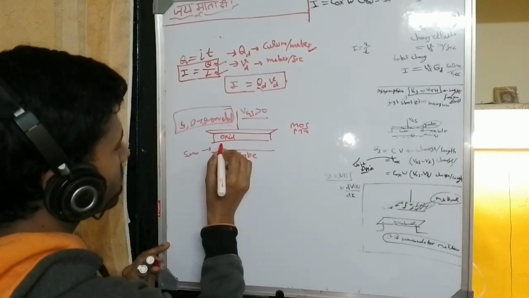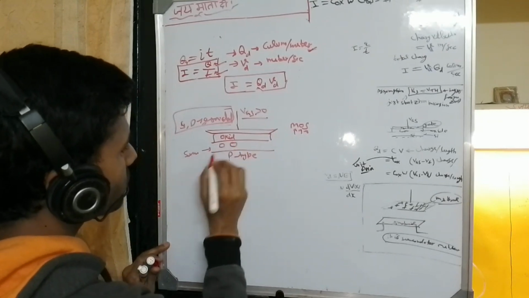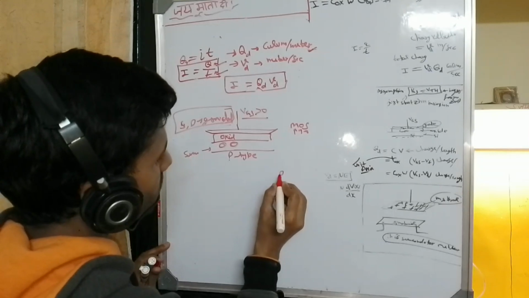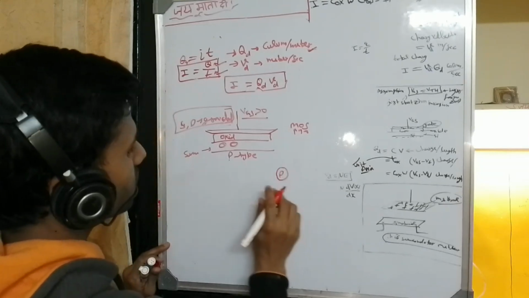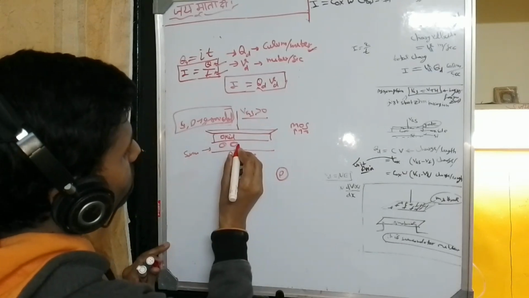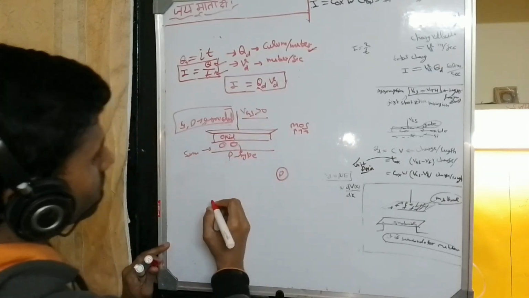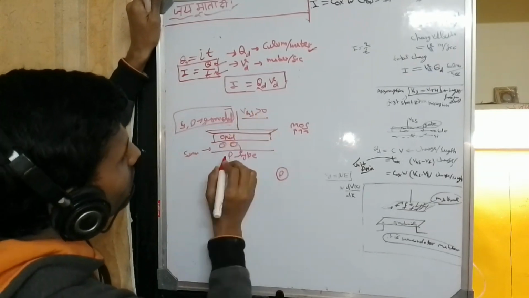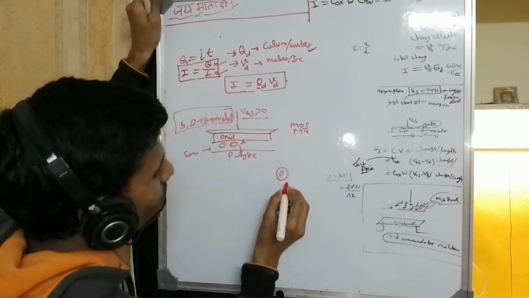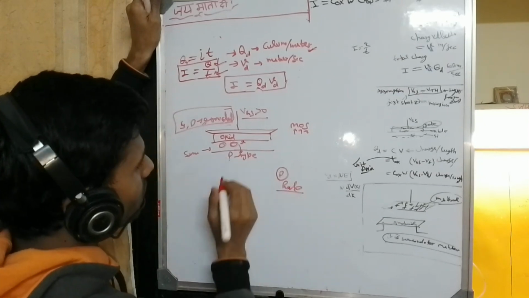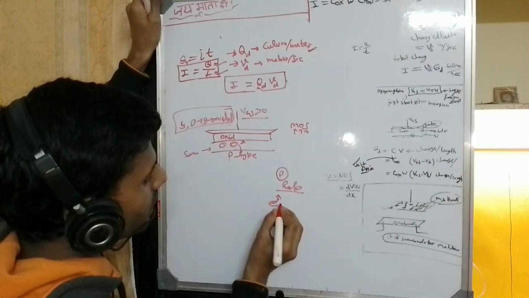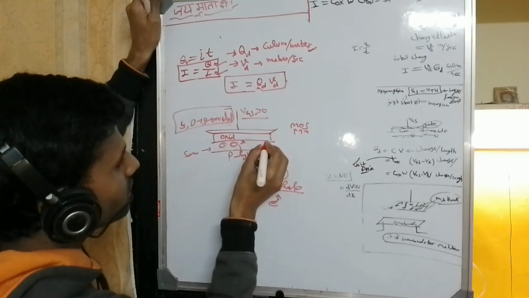Because this is P type, full of P type atoms, and if you apply the positive charge, it will repel the holes, and electrons go towards this region.